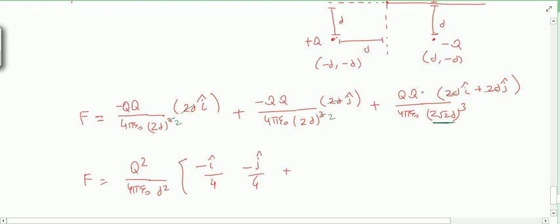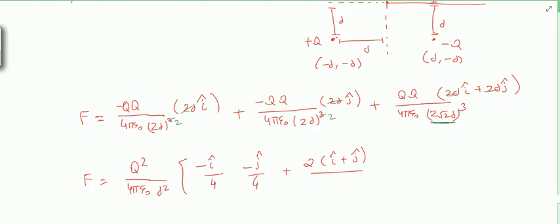I have taken q squared by 4 pi epsilon naught common, and d squared is also common, so what remained above now? I can take 2 common, so here 2 i cap plus j cap, and divided by this 2 root 2 cubed, basically I have to solve 2 root 2 cubed.